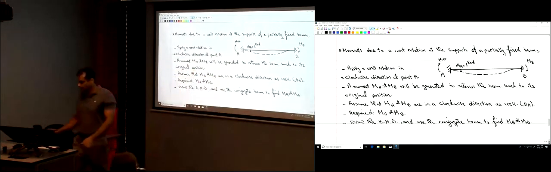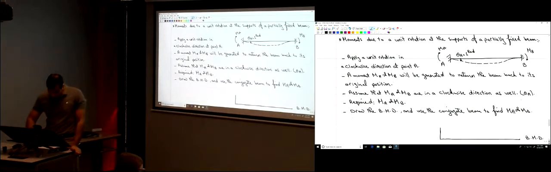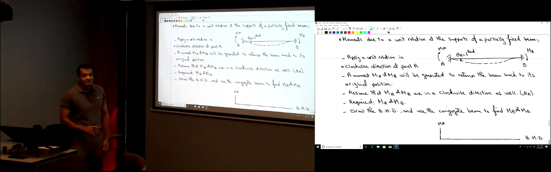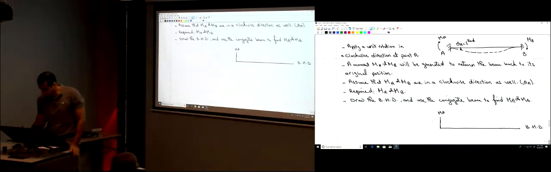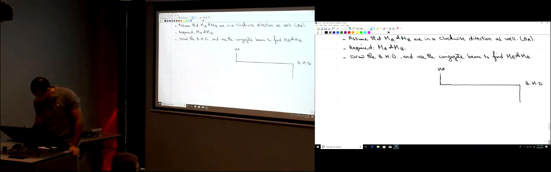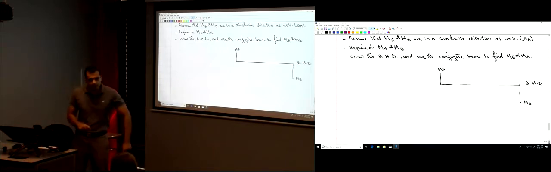Positive. So here we have MA. It's positive. And MB on the other side, it's negative, right? So here we have MB. It's negative.